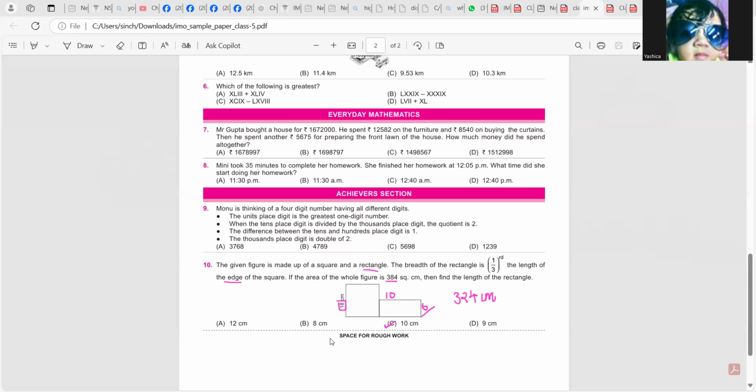And as we already got the breadth as 6, we can easily find out the length as 10 because the area formula for rectangles is length into breadth. Now 60 divided by 6 is naturally 10. So 10 is C. Good. Very good. Excellent, Yashika.